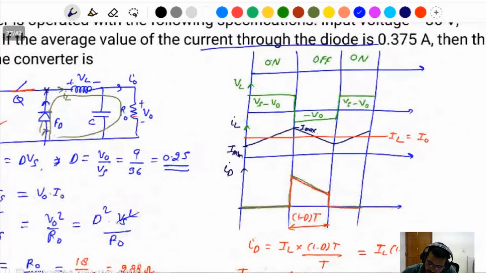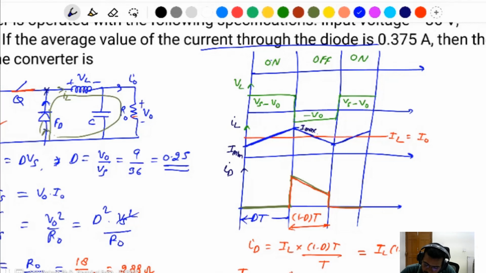Look here, the current flows from IL minimum to IL maximum. Then what is the time taken to reach from I minimum to I maximum? This will be the on time, which means dT time. D T is the on time, and 1 minus D times T is the off time. The current reaches from I minimum to I maximum in the time of D T only.